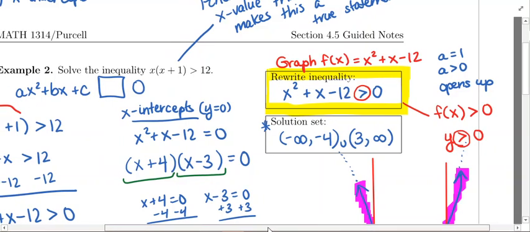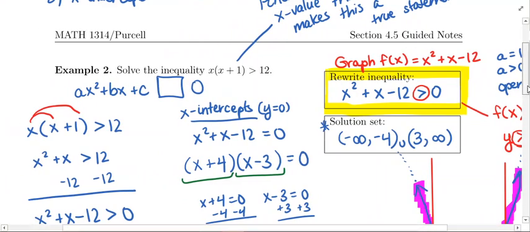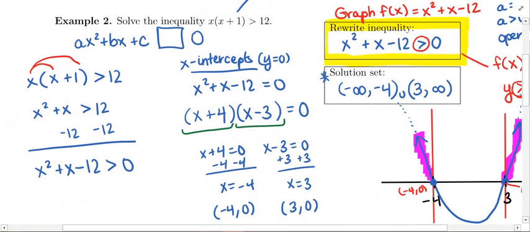So that is how, in a nutshell, you do these quadratic inequalities. Let me recap. You need to first take your original inequality and rewrite it. You need to multiply everything out, move everything to one side so that one side is 0. And again, it is recommended that you move things around so the x squared term stays positive. You need to realize whether the parabola opens up or down.